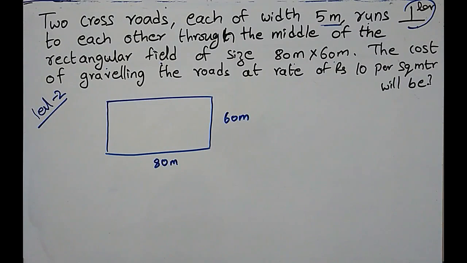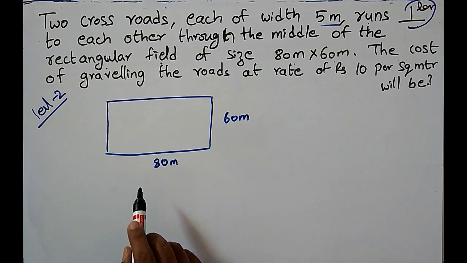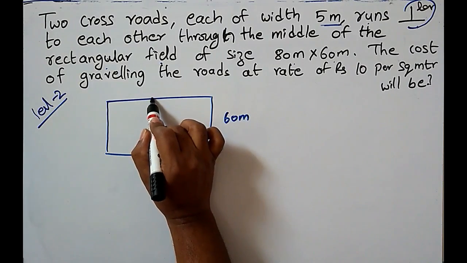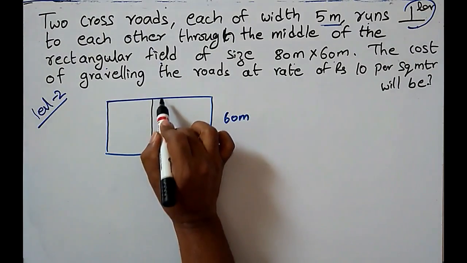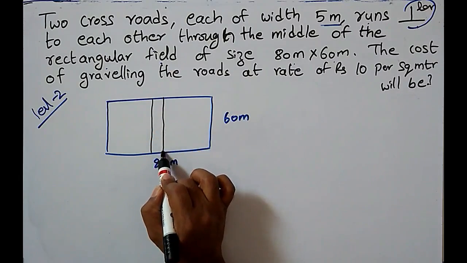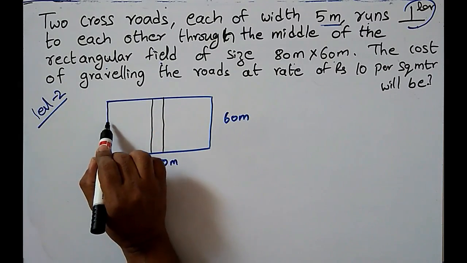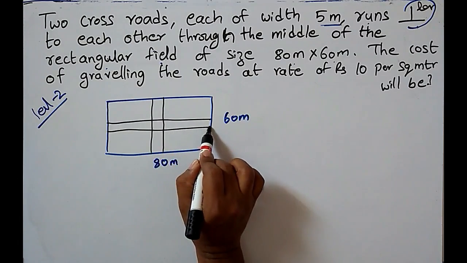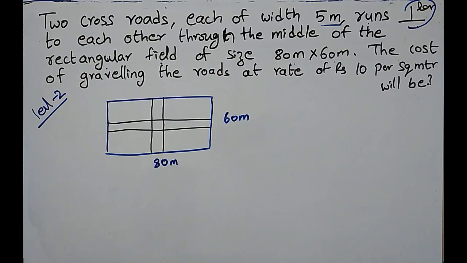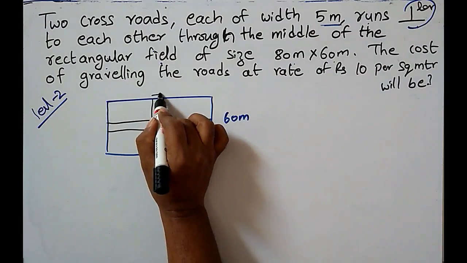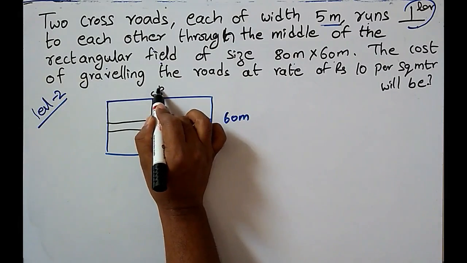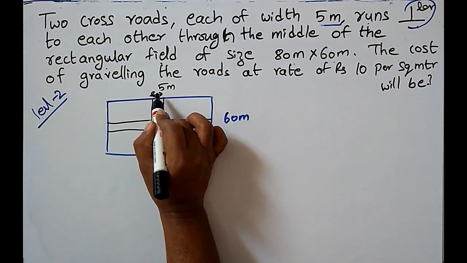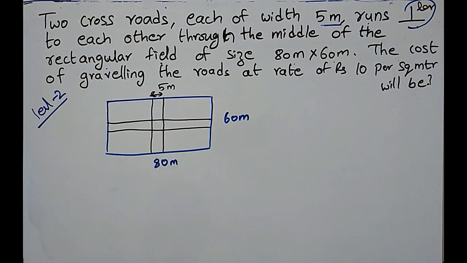Here there are two crossroads which run through the middle of this rectangular field. These are the two crossroads, friends, and its width is 5 meters.